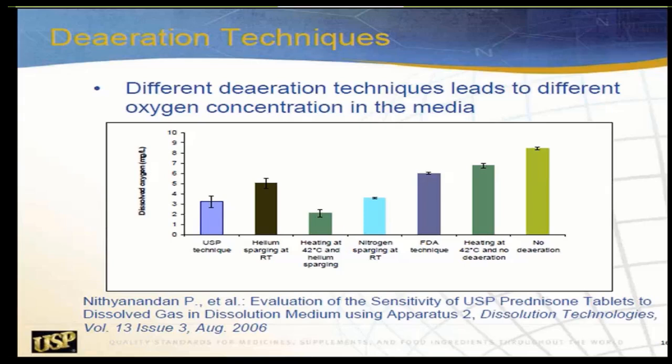Helium sparging at room temperature is much less effective than helium sparging at elevated temperature. This has been a known fact, and heating media to 41 or 42 has been quite productive. Nitrogen sparging doesn't really surprise me here, where it looks so low.